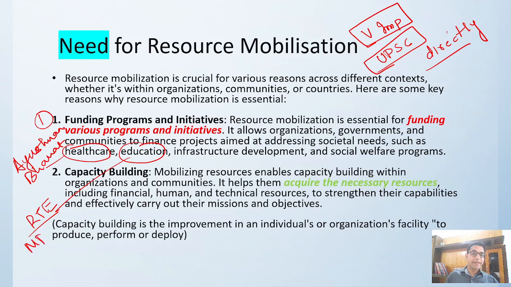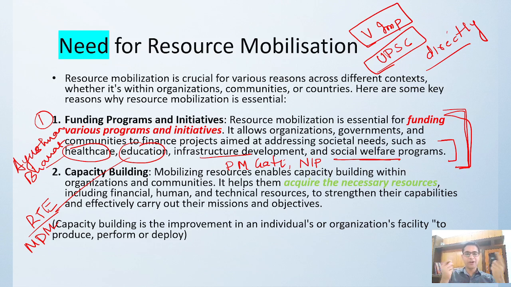Midday Meal, MDM, correct. Infrastructure, PM Gati Shakti, National Infrastructure Pipeline, social welfare programs, pension programs. From where is the money coming? That means the government has to mobilize the resources. This is the need. We want to mobilize the resources because we want to fund our programs, right?